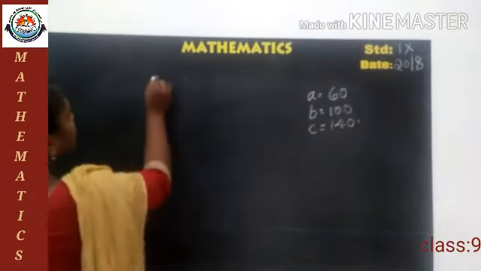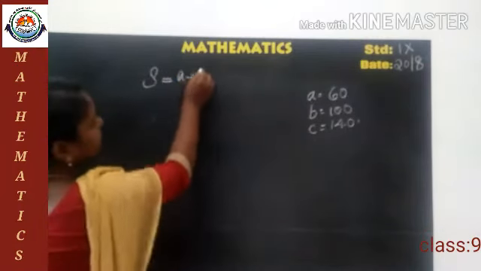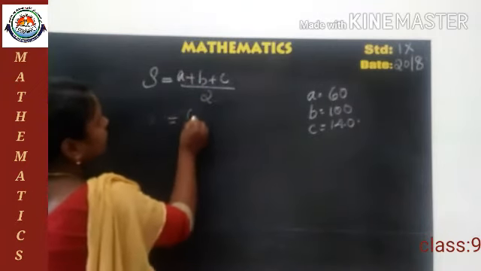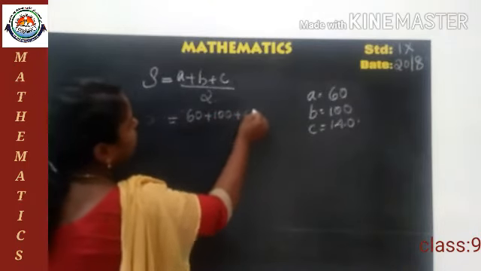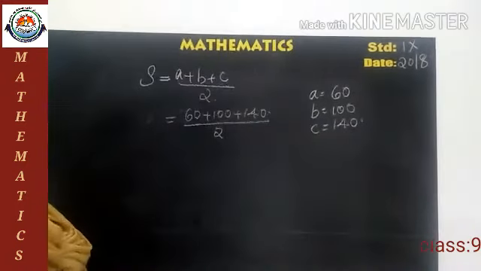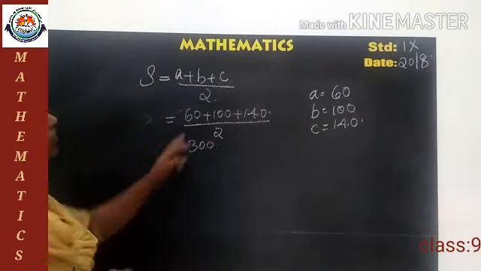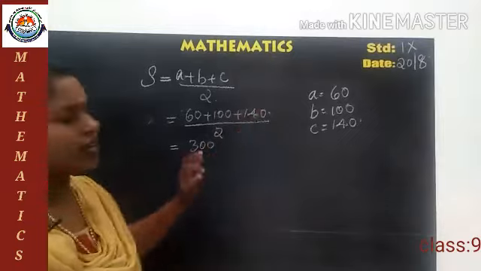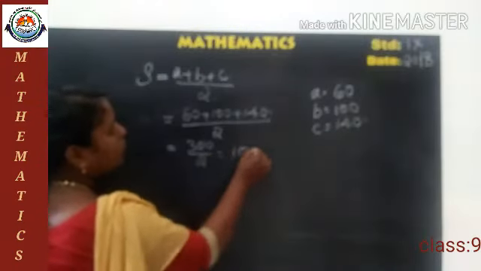And we need to get s. s means a plus b plus c by 2. That is 60 plus 100 plus 140 by 2, which is equal to 300 by 2, which is equal to 150.